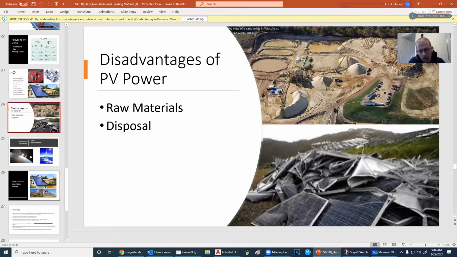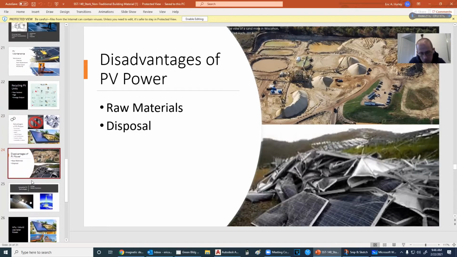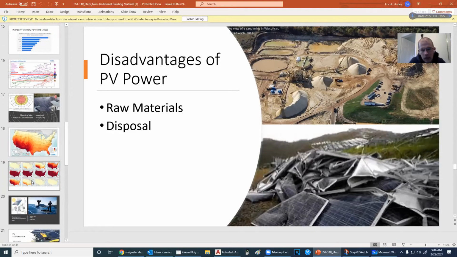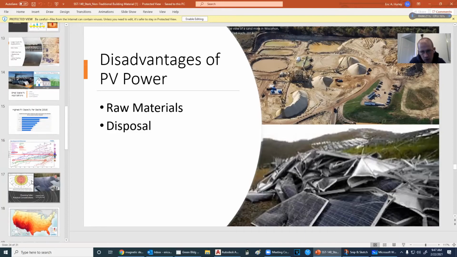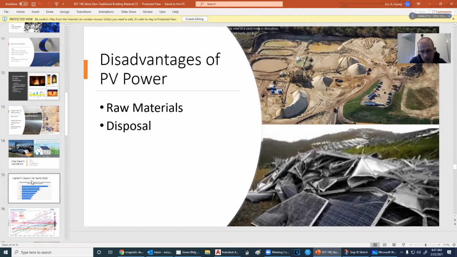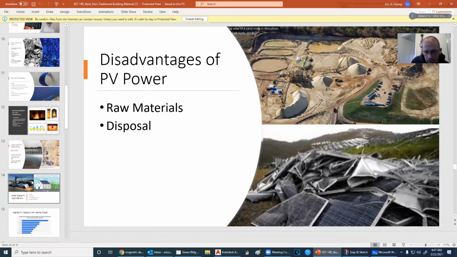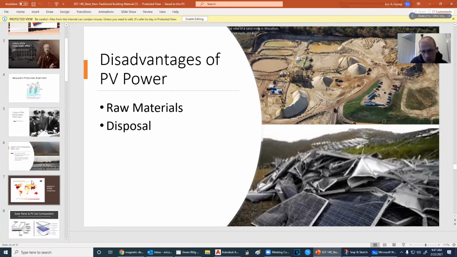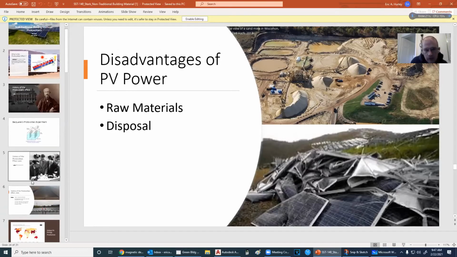There aren't a lot of firms currently equipped to do that, and there are also certain toxic chemicals, depending on the type of panel that you have. Some of them have heavy metals or things such as arsenic in them that you have to deal with safely. And yeah, there just isn't a lot of infrastructure in place to safely do that right now. Good.